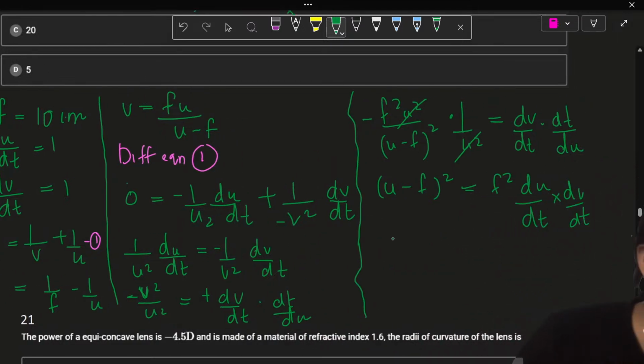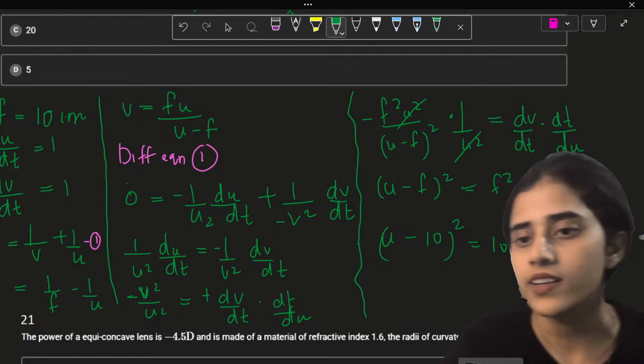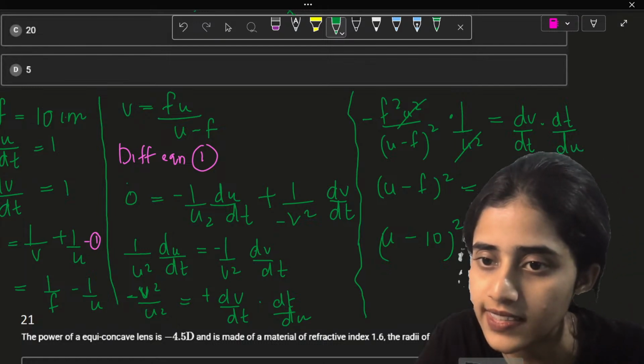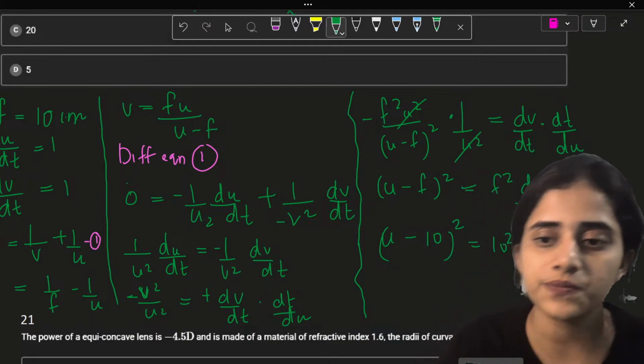Now it's very easy. What is focal length? 10. U minus 10 square is equal to 10 square into du by dt is 1. dv by dt is also 1. Here it actually is not dv by dt. This would be dt by dv. But that will also be 1. Okay.